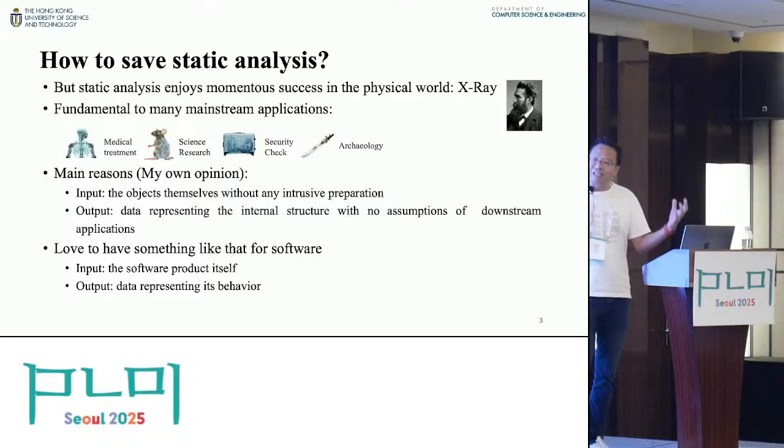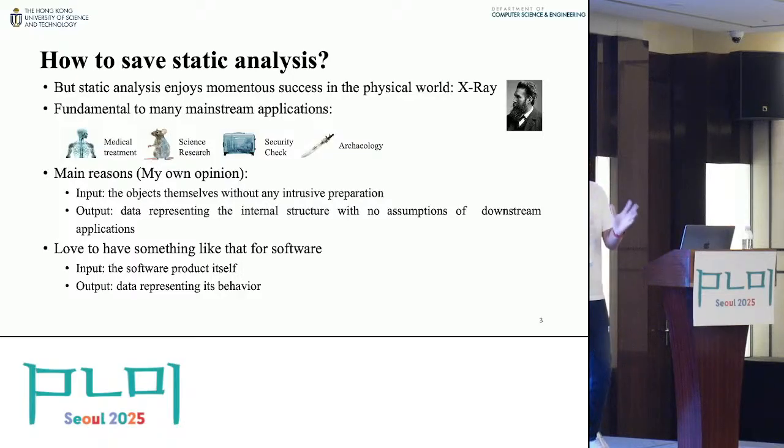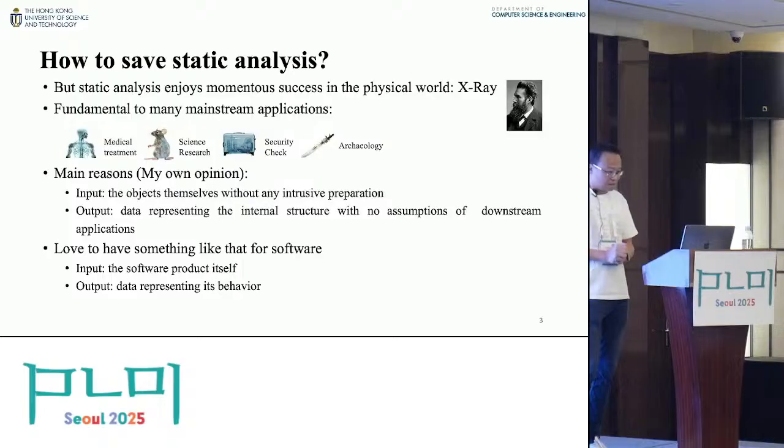So let's look at another piece of static analysis technology, which is called X-ray. If you think about it, X-ray is doing static analysis for real-world objects. Here's the inventor.